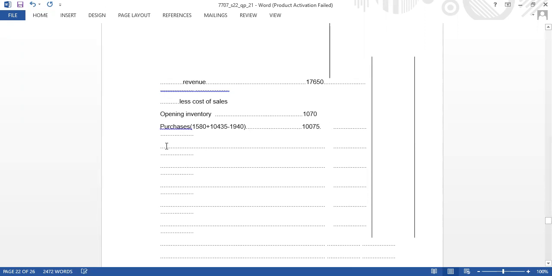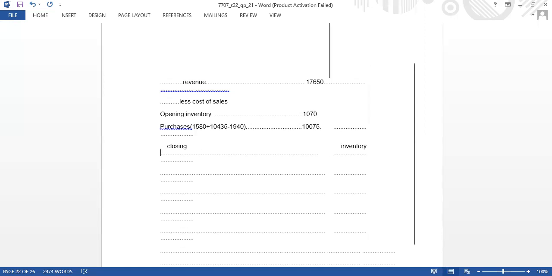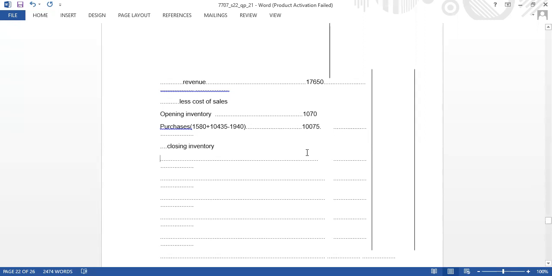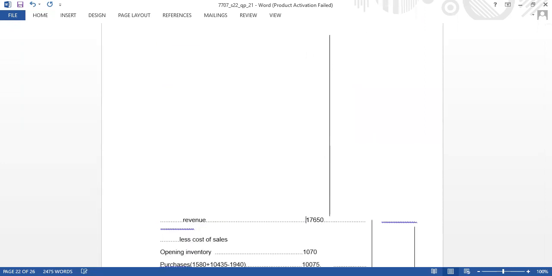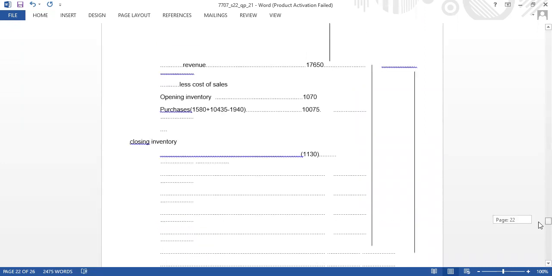Okay, now closing inventory, that is 1130. So the cost of sales would be 10015.